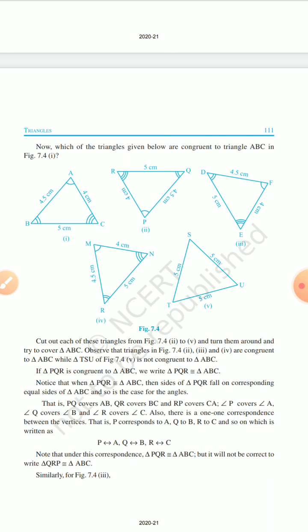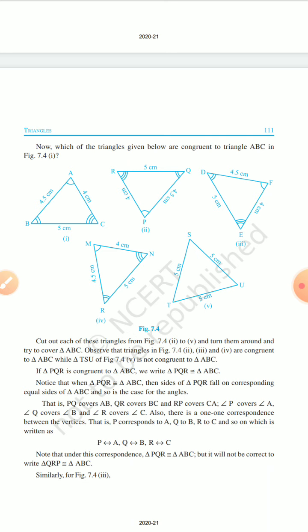is equal to side PQ of triangle PQR, and side AC is equal to the side of triangle PQR, right? This AC length is equals to PR of the two triangles, and in the same way BC length is equals to length RQ of other triangle.